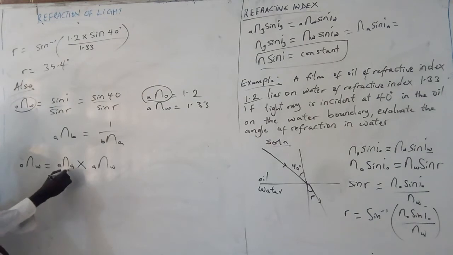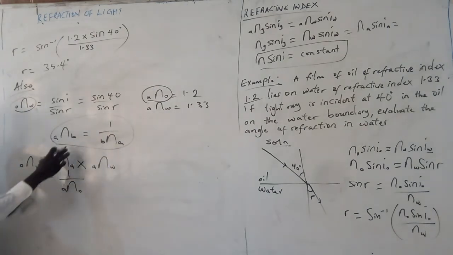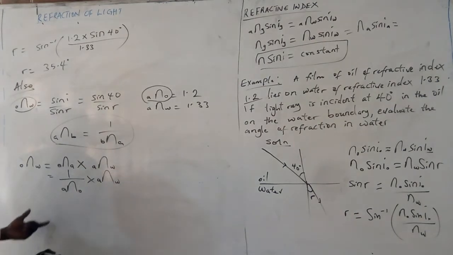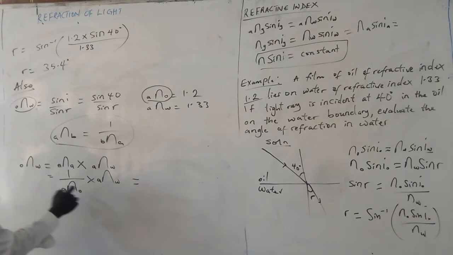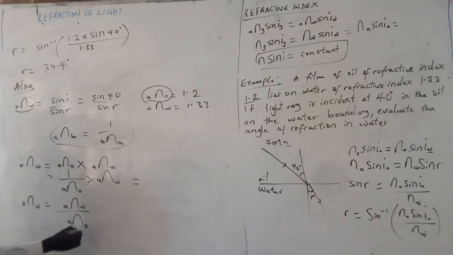So this is the same thing as 1 over refractive index from air to water, using this relation, times refractive index from air to water. So from here now, I can say refractive index from oil to water is equal to refractive index from air to water over refractive index from air to oil.